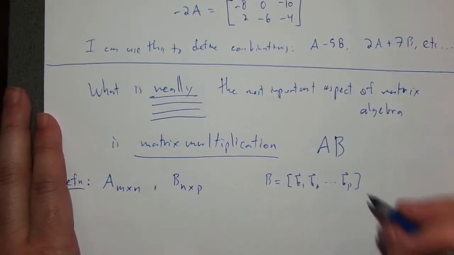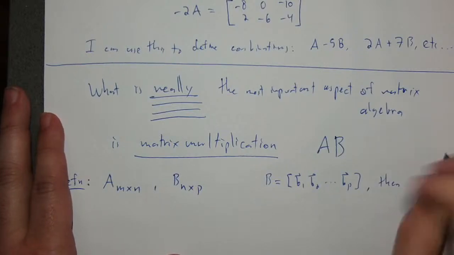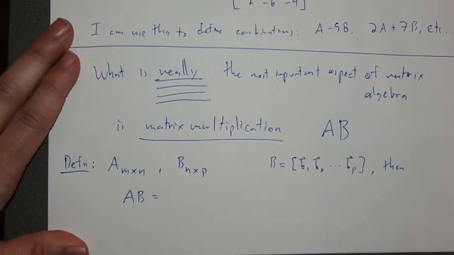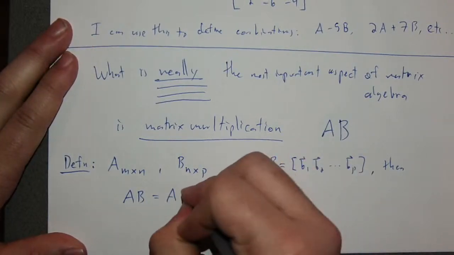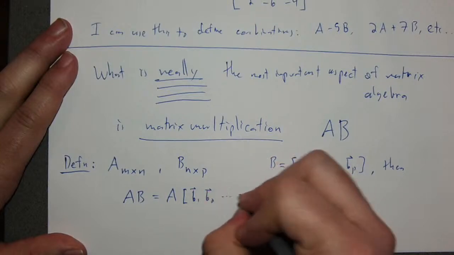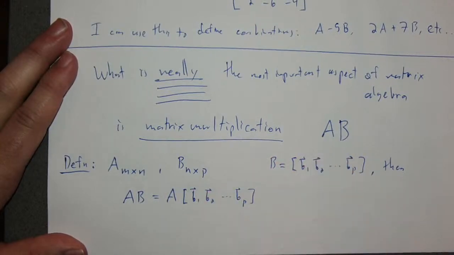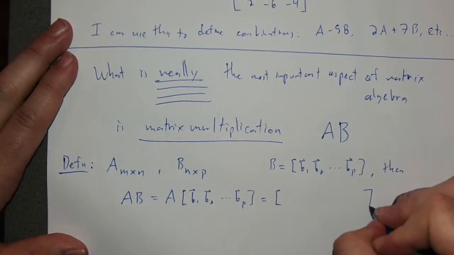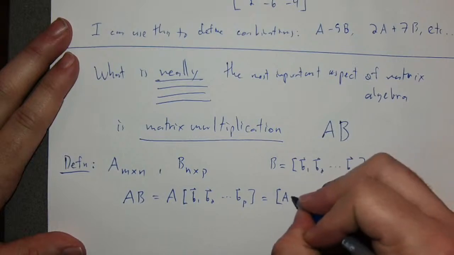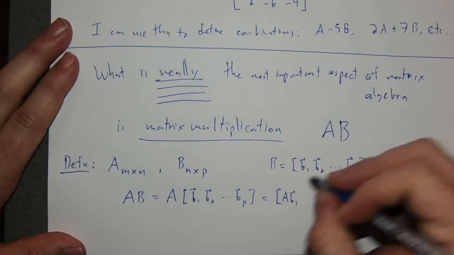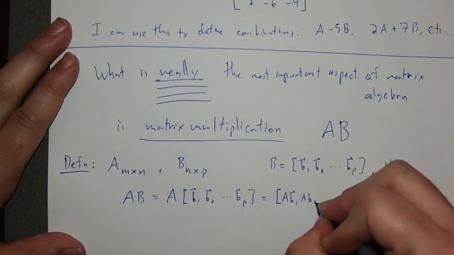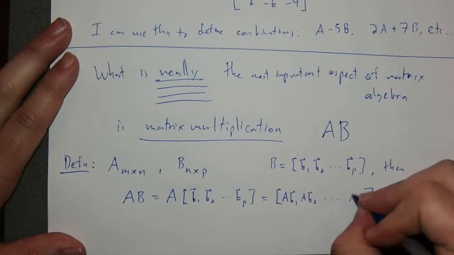Okay, then A times B, written in this way, which we are going to define as the matrix that has p columns, and those p columns are the products of matrix times vector, which you do know how to do, set up in this way.